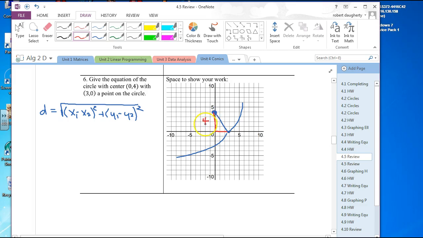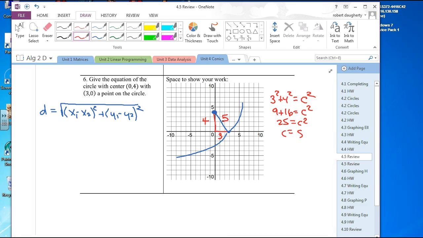That is 4. What is the horizontal distance? That is 3. So Pythagorean theorem will tell you that 3 squared plus 4 squared equal c squared. So that's 9 plus 16 equals c squared, so 25. c squared, c is equal to 5. So that's a 3, 4, 5 right triangle.